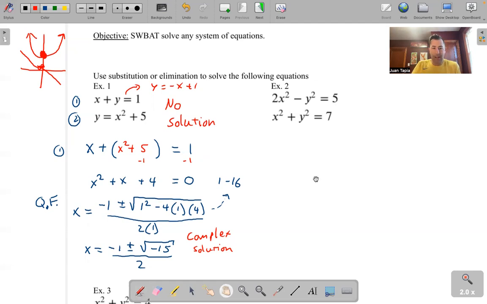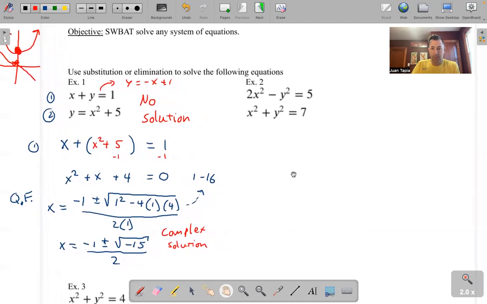Let's take a look at the second problem here. Second problem, yeah, I could use substitution, but it looks like it's all set up for elimination. So I'm actually going to eliminate the y's, or excuse me, the y squareds, and I'm going to add these two equations together.